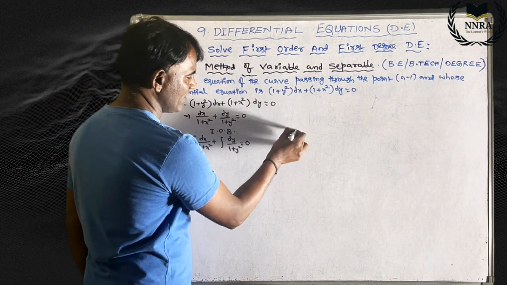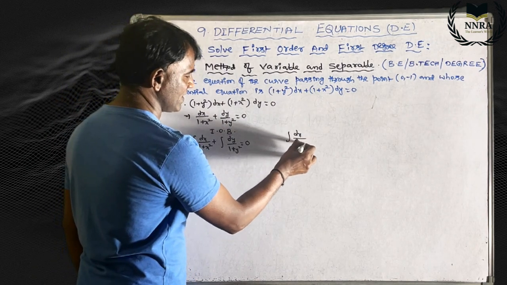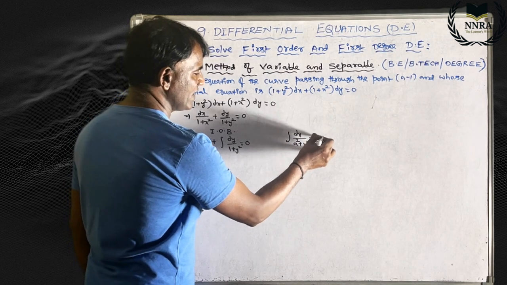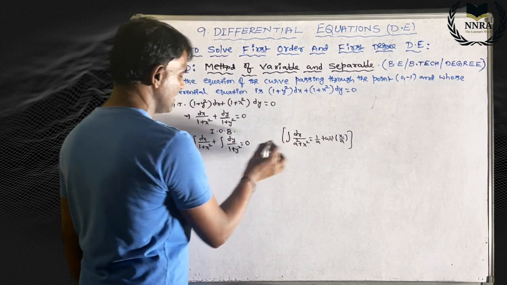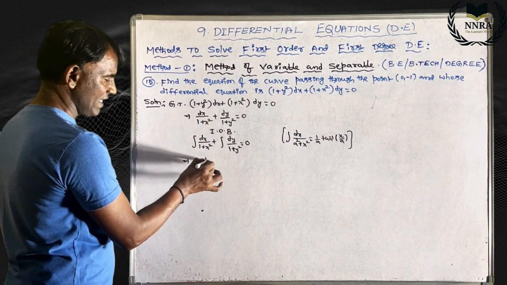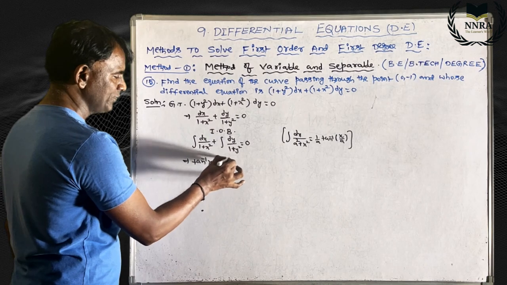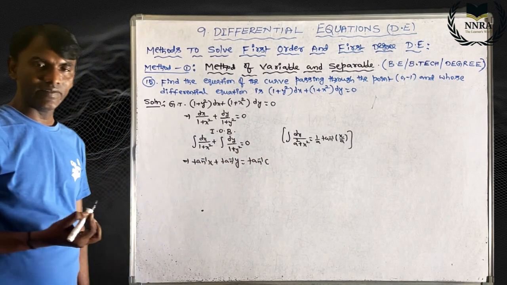And this is a standard formula. Integral dx by, what is that? a square plus x square is 1 by a tan inverse of x by a. Right? Here a is 1, here also a is 1. Then how to write it? Tan inverse x, second term tan inverse y, and on the right hand side again we'll take tan inverse.